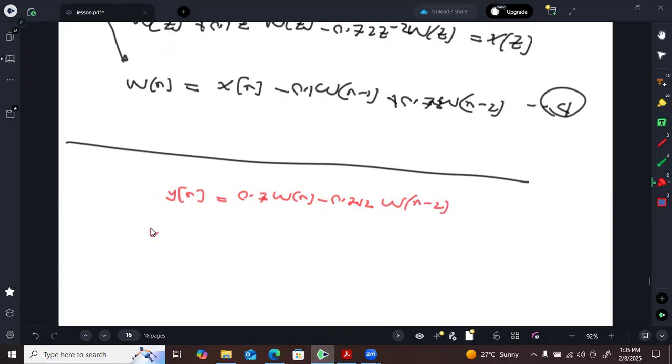And w of n equal to x of n minus 0.1 w n minus 1 plus 0.72 w n minus 2.